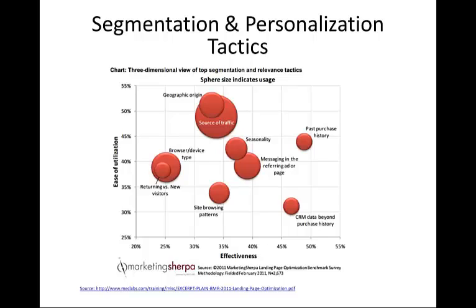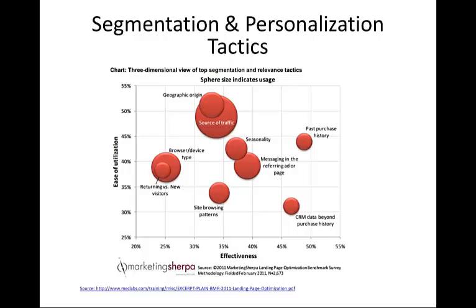So it's probably about a year and a half old, but I expect things haven't changed a whole lot. In this case, we're finding a lot of people said that yes, they tried returning versus new visitors, and while it was easy to implement, it only made a slight difference to effectiveness.